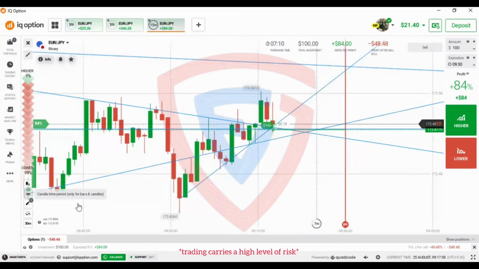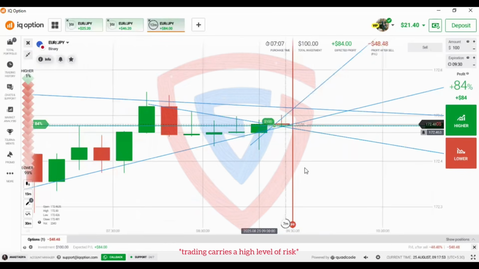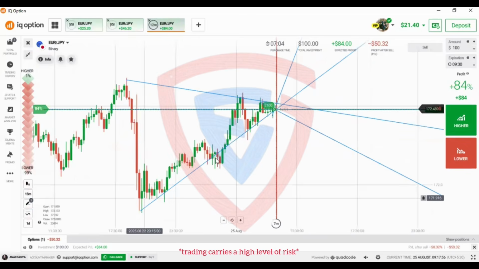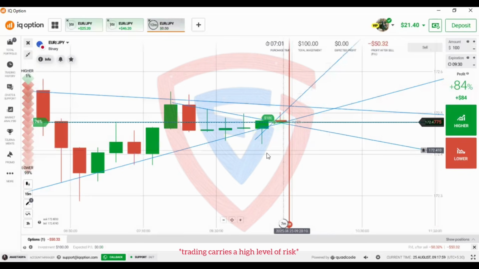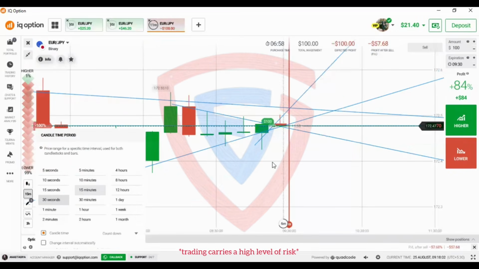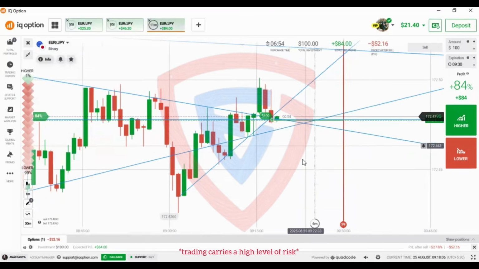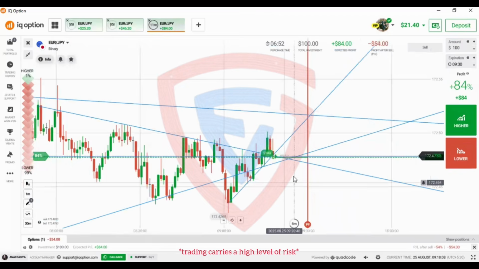And I saw a reversal sign again or a continuation sign for this uptrend. And I placed my trade at the trend line point. Okay, let's see what happens here.